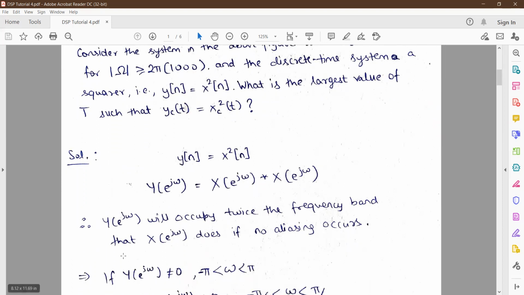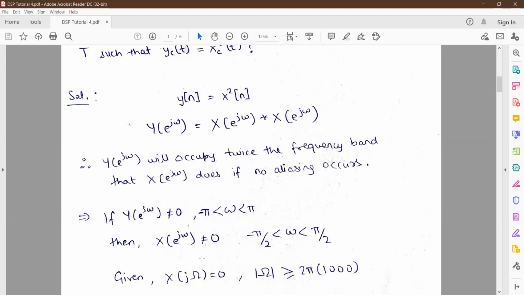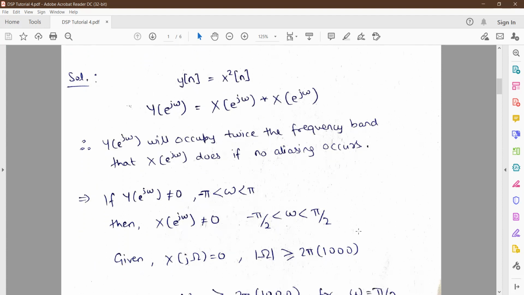So if the frequency spectrum of Y(e^jω) is between minus π to π, then for x it would be half. So X(e^jω) will have a spectrum between minus π by 2 to π by 2, right? We have been given that the continuous time signal x is band limited at the frequency 2π into 1000.